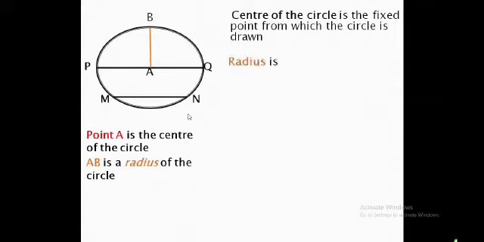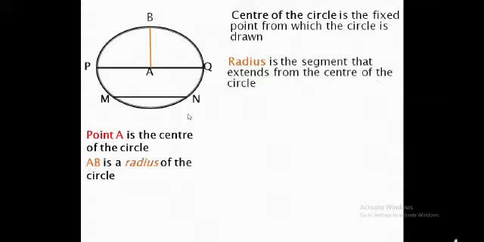Now, radius. Radius is the segment that extends from the center of the circle to any point on the circumference of the circle. From the center, you will draw the lines to any part of the circle.